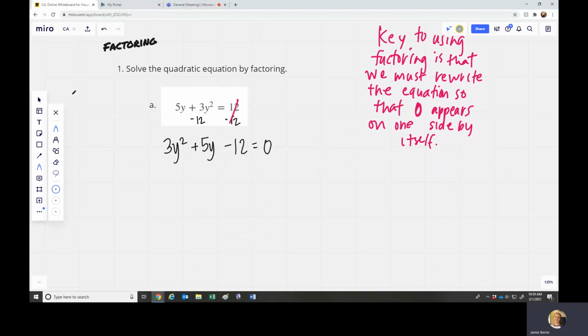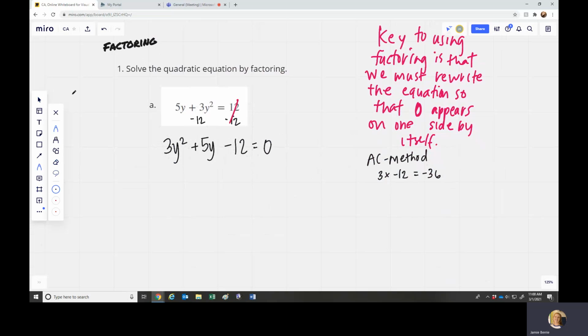Our leading coefficient here is something other than 1. And if you notice, there's no common factors that we can pull out. So we are going to have to go over here to the side, and we'll use what we call the AC method to factor that left-hand side. So the AC method requires that you multiply the first term times the last term. So that's 3 times negative 12, which is negative 36.